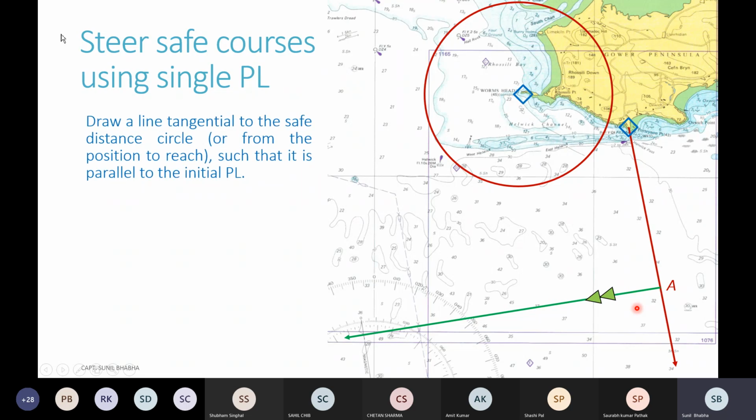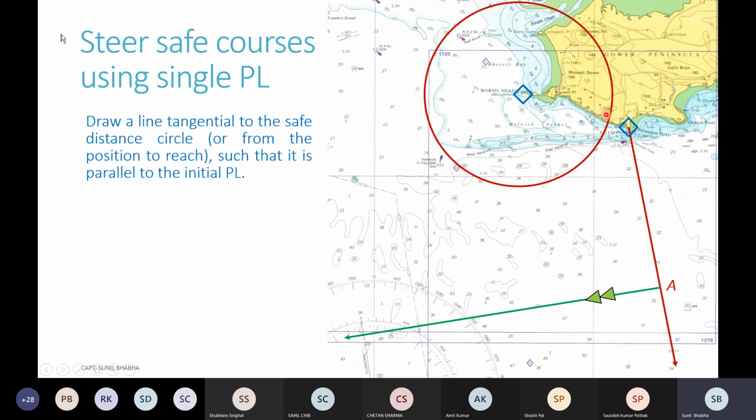Now in the next step, we have to draw a tangent to the safe distance circle. We can see the safe distance circle plotted on the chart, centered on the worm's head point. Now we have to draw a tangent to this safe distance circle. Now there are infinite number of tangents which can be drawn. What tangent are we interested in? We need a tangent to this safe distance circle, which is parallel to our initial position line.